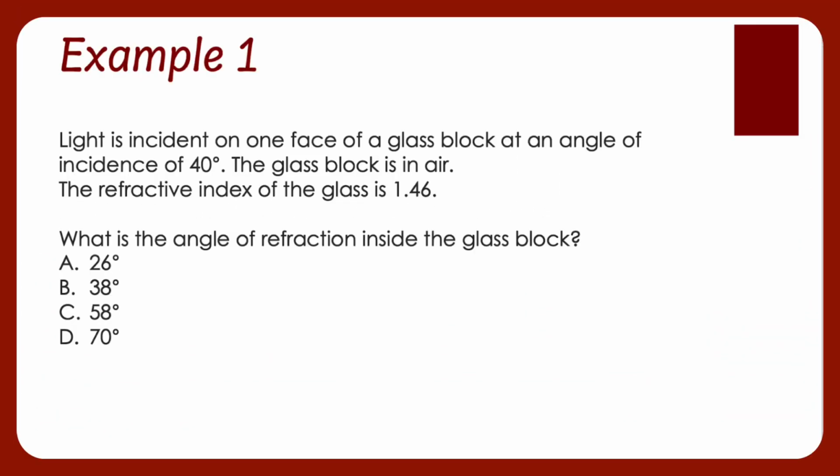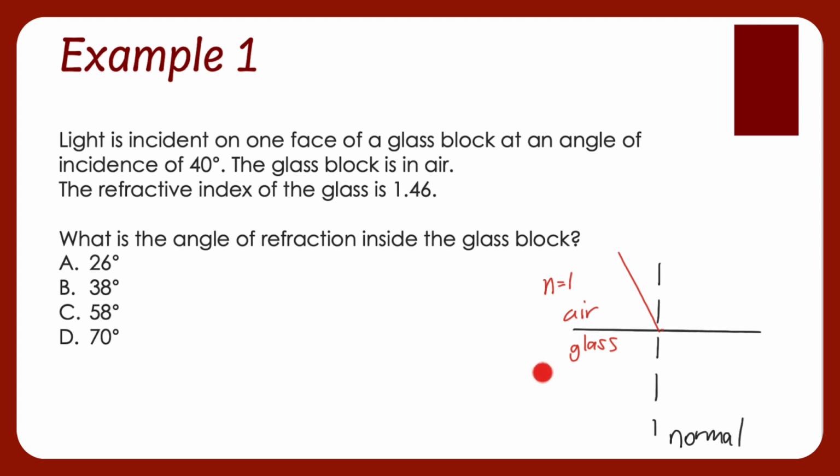So let's go through some examples. It says light here is incident on a face of a glass block, and we have an angle of incidence of 40. Let me just draw that in. Remember, I need to have a normal. If the light is incident on the glass block, it's going from air to glass. I'm going to write down my values here. n equals 1, n equals 1.46.